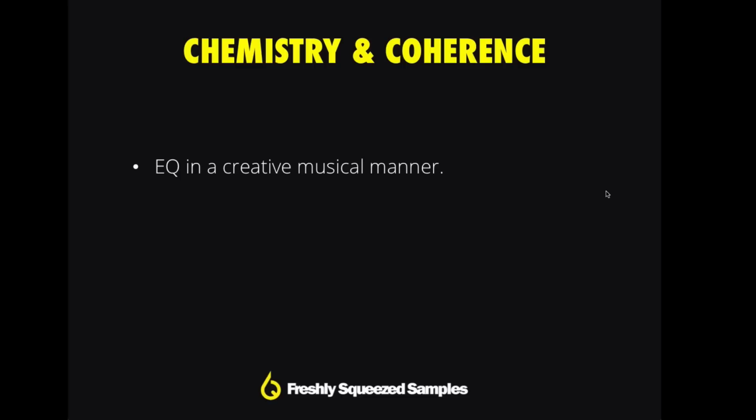For example, you might only want to use the high end of a clap when layering it with other claps, not particularly because of frequency masking. It might sound fine when it's not EQ'd, but simply because you prefer how it sounds when the low end is removed. Or in another case, you might only want to use the body, the mids of the piano, and not the low or high end. Not because of any frequency masking problems or mix problems, but simply because you like how it sounds like that.